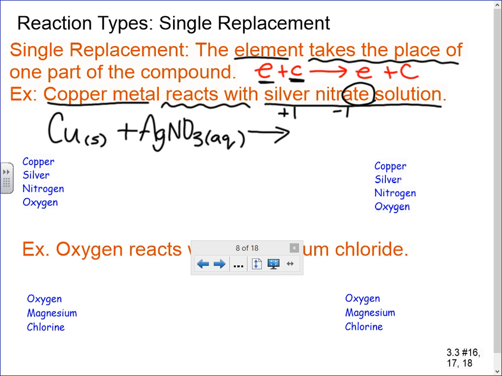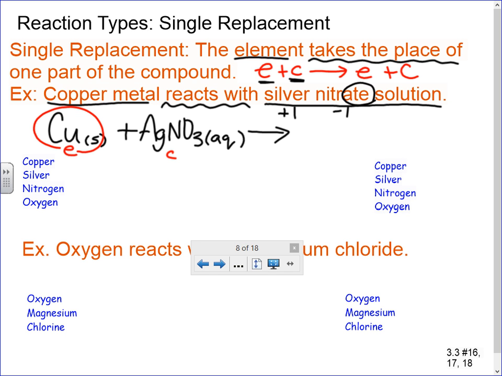Now that's all I know so far. So I need to predict what the products would be, understanding that this is a single replacement reaction. And again, I knew that because I have an element and I have a compound. So the description says the element takes the place of one part of the compound. So this is my element, and it's going to replace something that's in the compound.